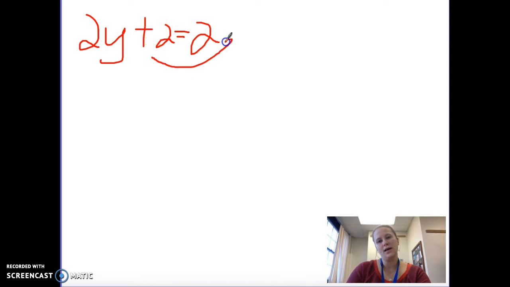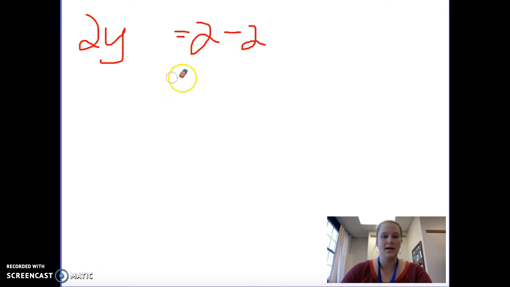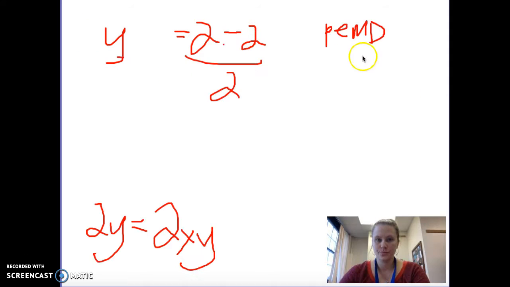And once I do that, just like the one before, I have to change this sign to subtraction. And then all of a sudden, because I did that, this goes away. Okay. So now we're left with 2y equals 2 minus 2. Okay. So I'm not going to do any solving yet.